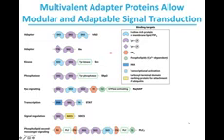Now, residues like tyrosine, threonine, and serine are the targets of kinases. And these residues are central to signaling, directly affecting the activities of a large number of protein substrates by phosphorylation or dephosphorylation.